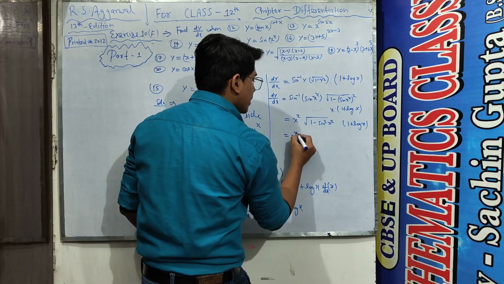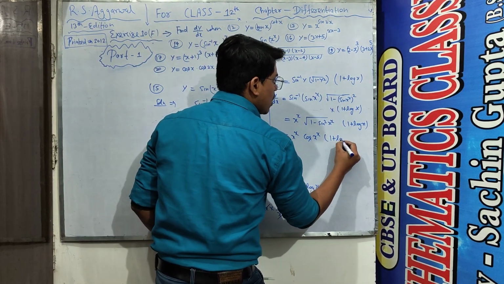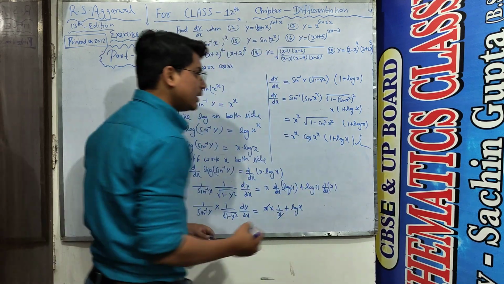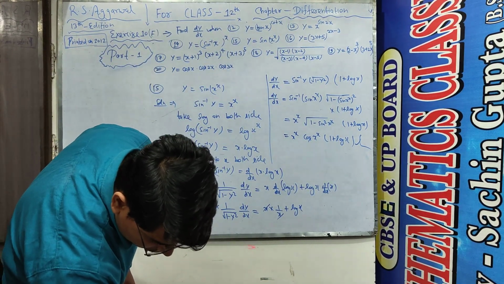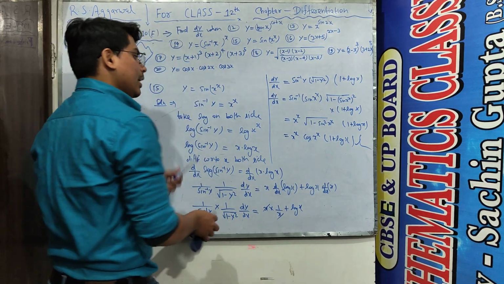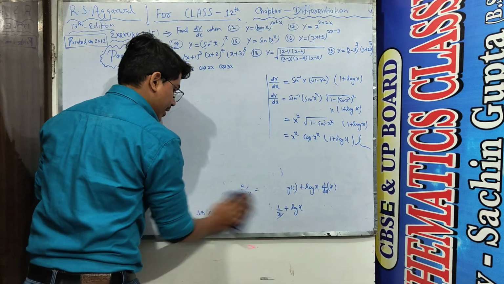So I write here x raised to the power x, cos x raised to the power x, and 1 plus log x. This is our answer of question number 15. Now we go on to question number 16, student.